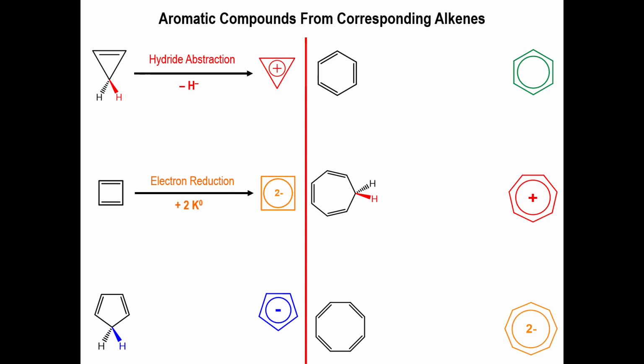I'm talking about elemental potassium, like potassium that hasn't lost its 4s electron yet. So you take 2 equivalents of potassium in the presence of your cyclobutadiene, and that will pump the 2 electrons into the pi system and will create this cyclobutadiene anion version of it.